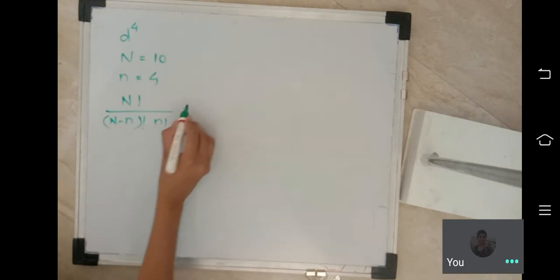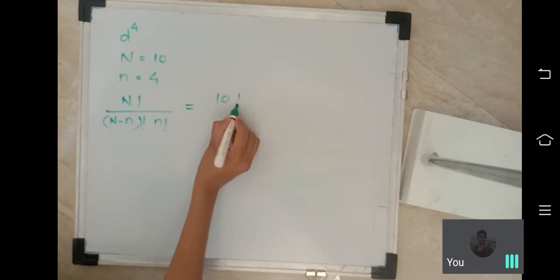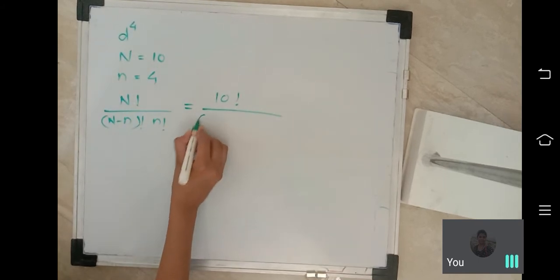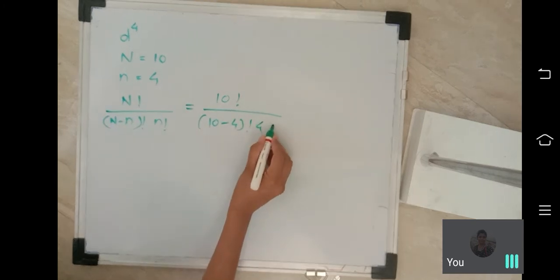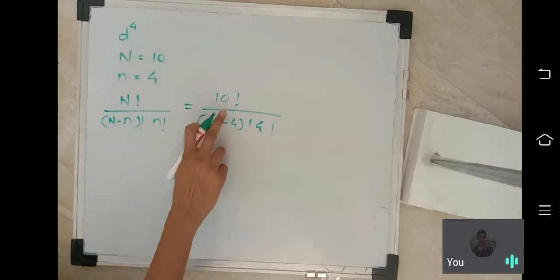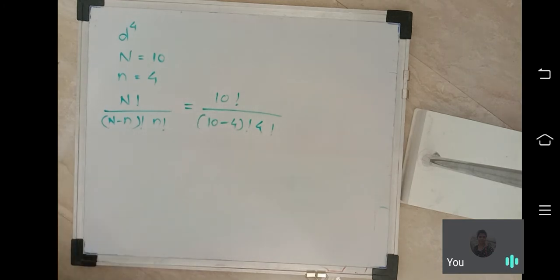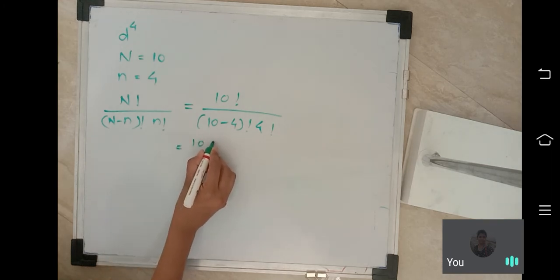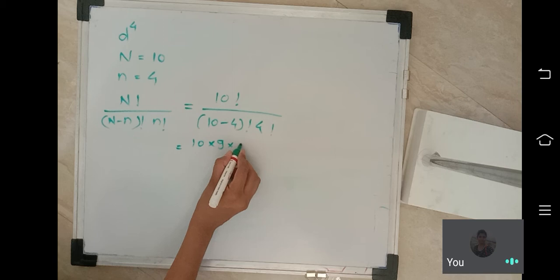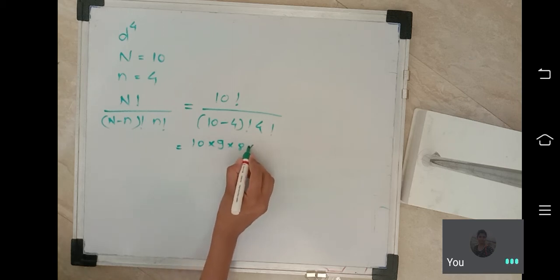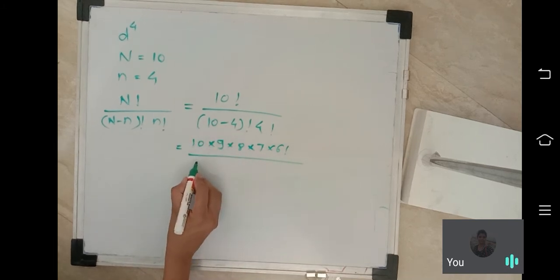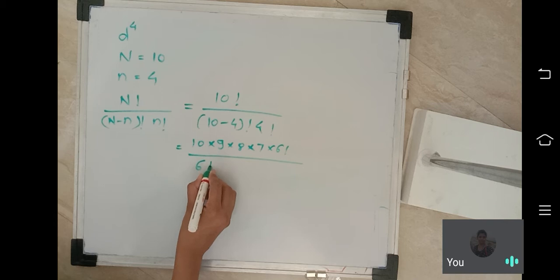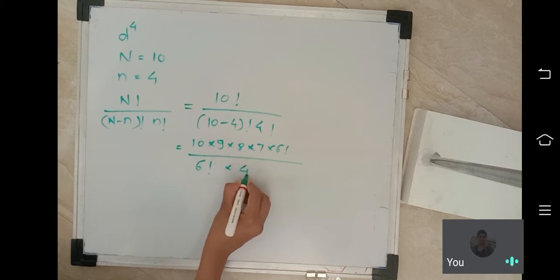You just put the values: 10 factorial divided by (10 minus 4) factorial, 4 factorial. What is the value of small n? 4 factorial. Then 10 factorial is 10 into 9 into 8 into 7 into 6 factorial, divided by 10 minus 4, that is 6 factorial, into 4 factorial.